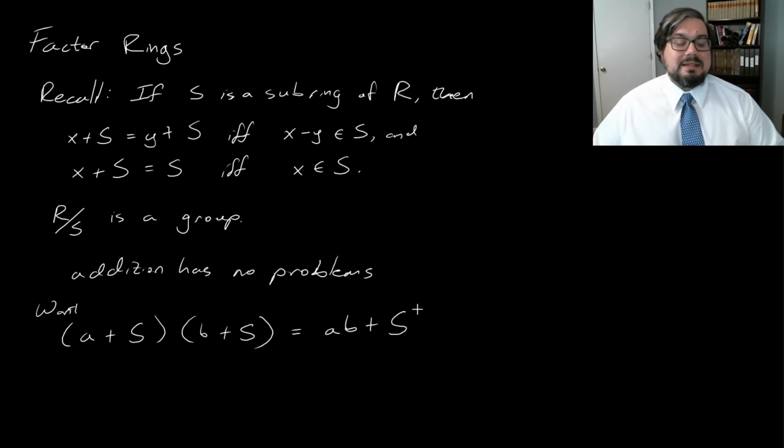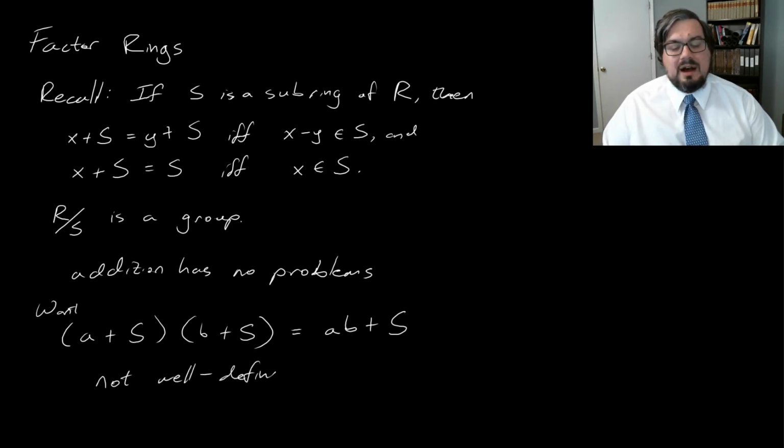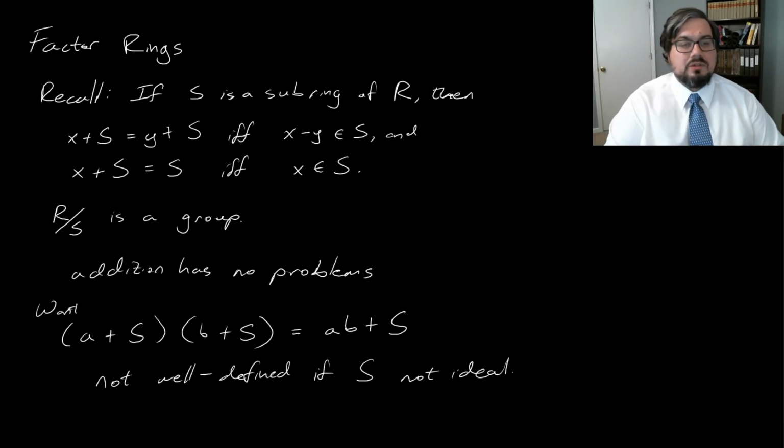The problem is that this is not well defined if S is not an ideal. And that's going to be the concept behind Theorem 101. So let's look at Theorem 101.